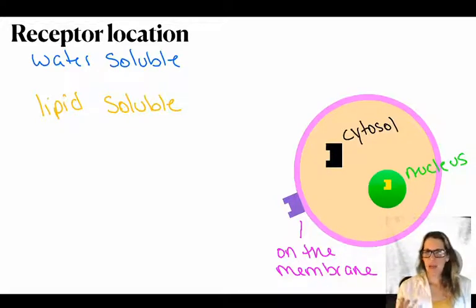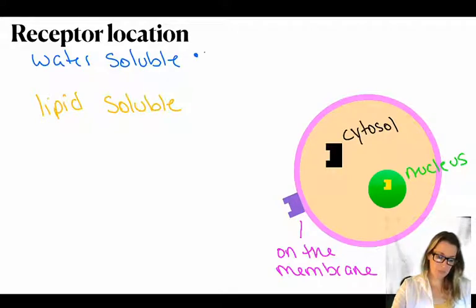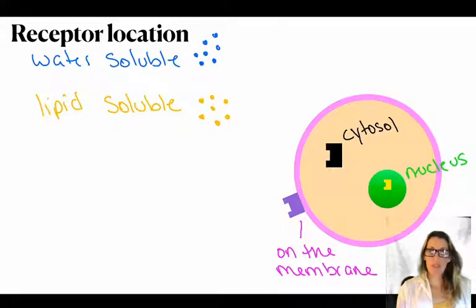So what we want to think about here is if we have a chemical messenger that's water soluble versus a chemical messenger that's lipid soluble, these are getting released. The lipid soluble chemical messengers are able to pass through the lipid bilayer, right? They can go in through the lipid bilayer, and then they can bind with their receptors that are either in the cytosol or in the nucleus.